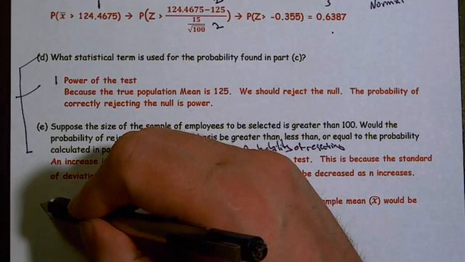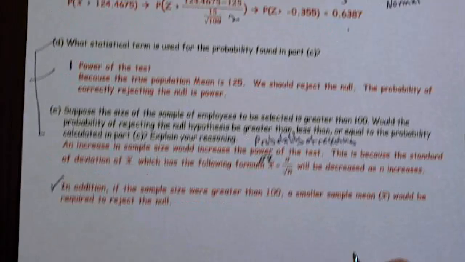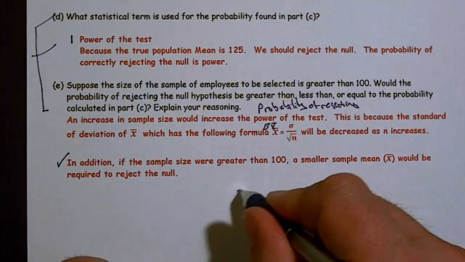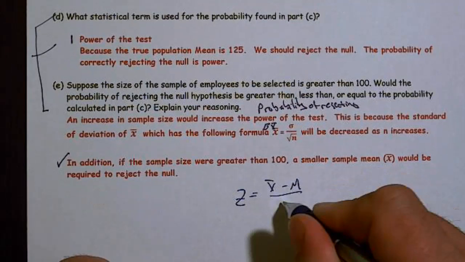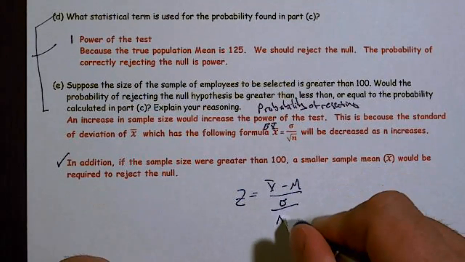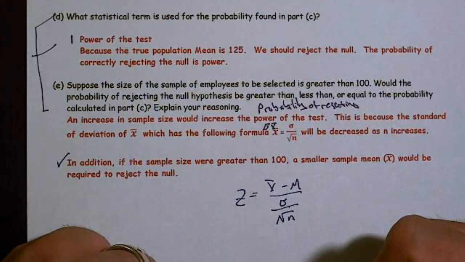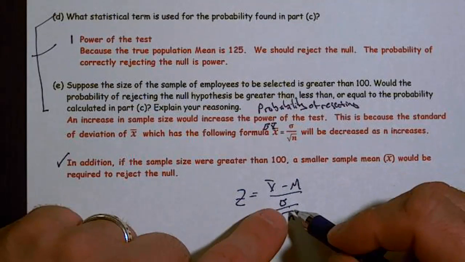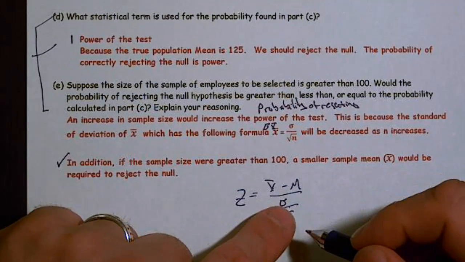They actually required that statement as well. I think that is ridiculous that they required it, but they did. Here's why they say that. We know z equals x bar minus mu over the standard deviation divided by square root of n. As this gets bigger, our power gets bigger, it's easier to reject. Well, if it got easier to reject, this value could be smaller and we still reject. So that's why they wanted us to say that.